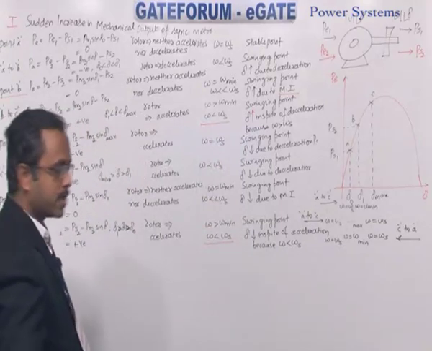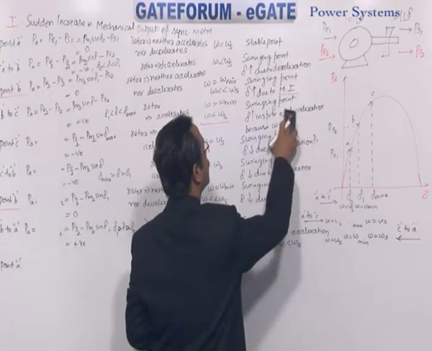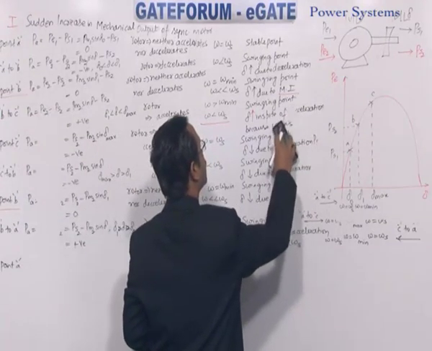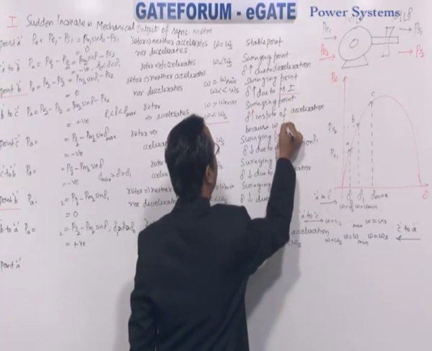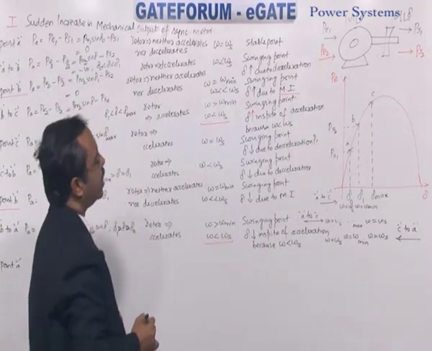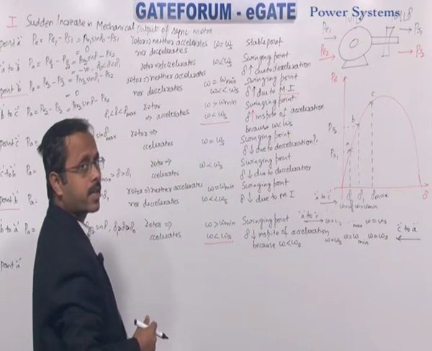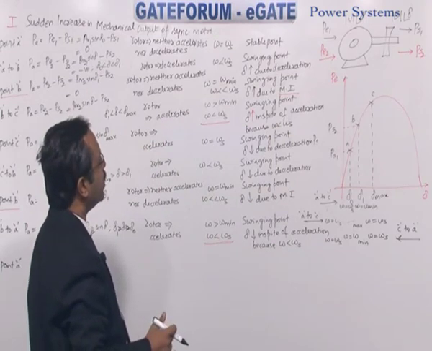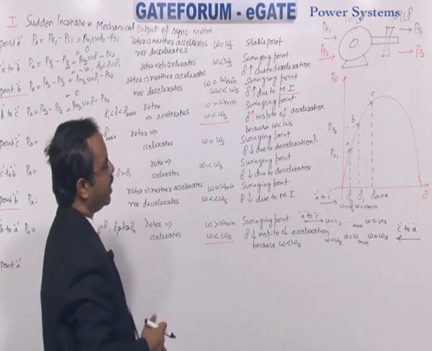So delta increases in spite of acceleration, because omega is less than omega s.